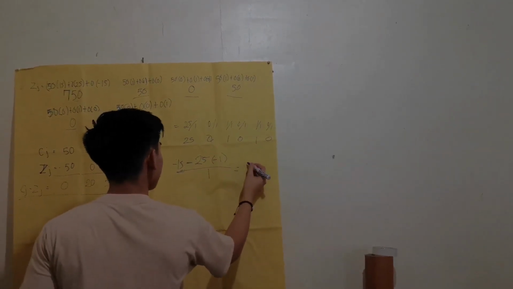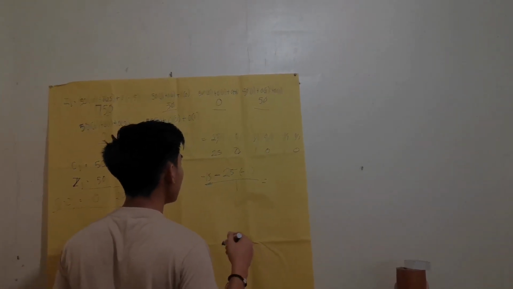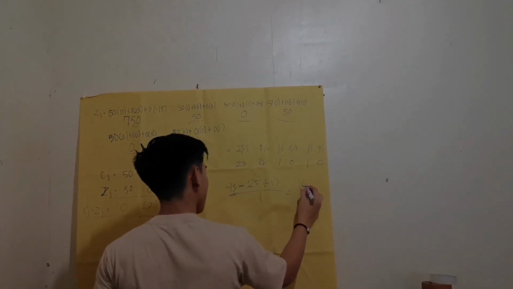So, ang kalabasan niyan is negative 15 minus 25 times negative 1 over pivot element is 1, is 10.